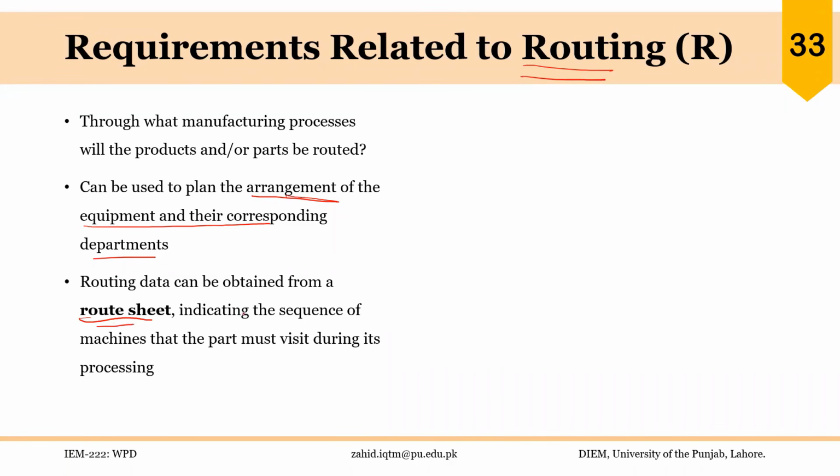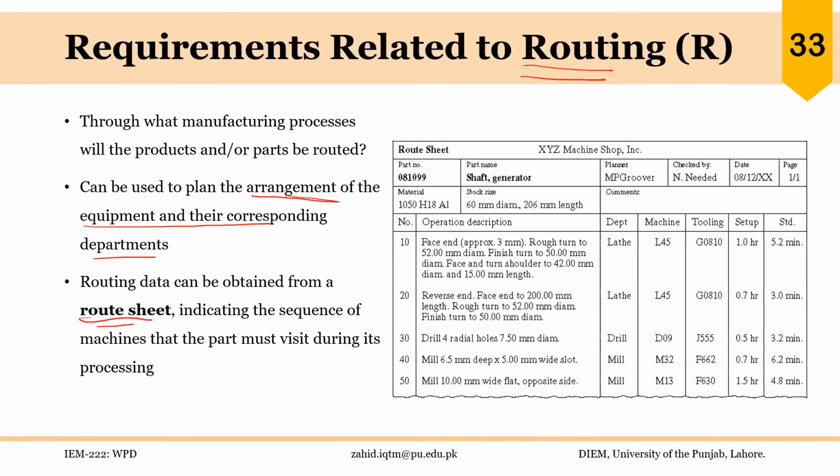It indicates the sequence of machines that the part must visit during its processing. So this is a typical routing sheet that mentions some details about the part and the material that is required, the size of the starting material.